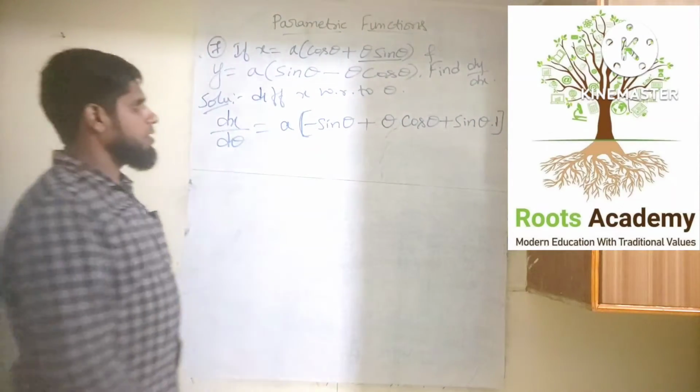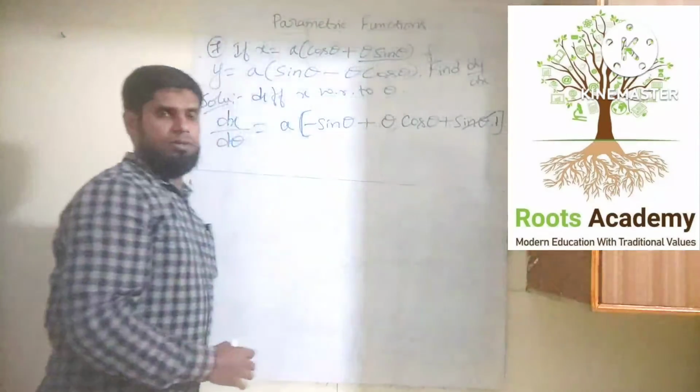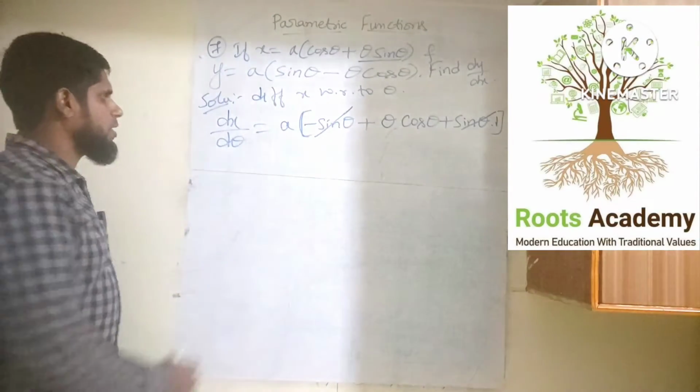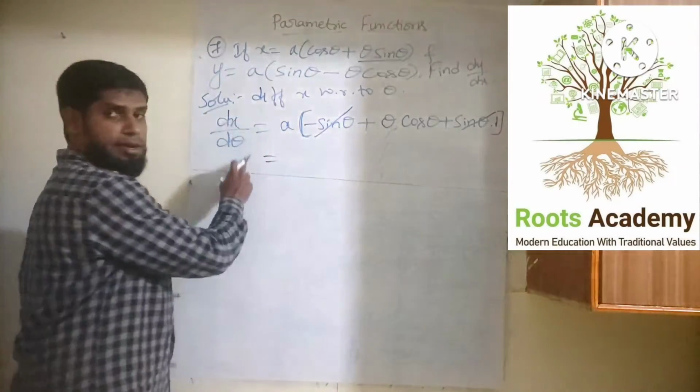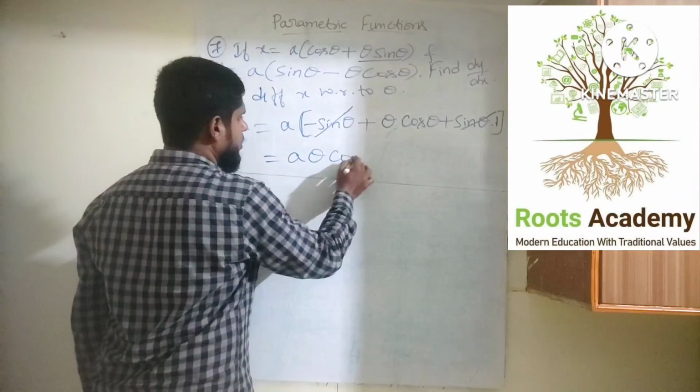Now with this, I have sin theta into 1 is sin theta positive, and I have minus sin theta here. Both get cancelled. The final dx by d theta is a into theta cos theta.